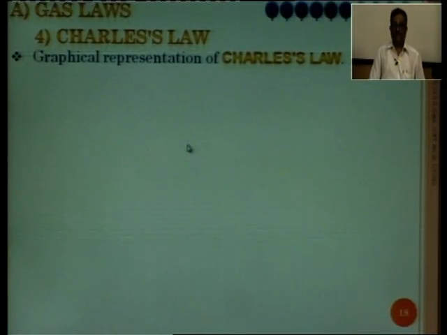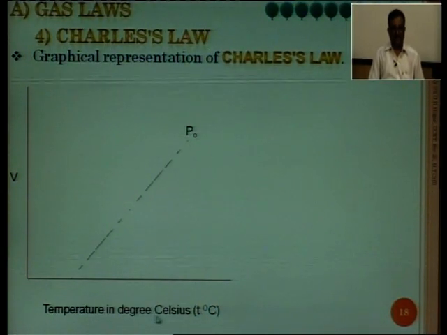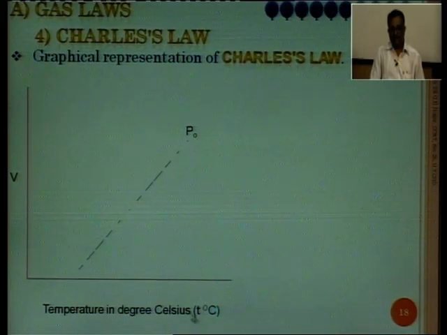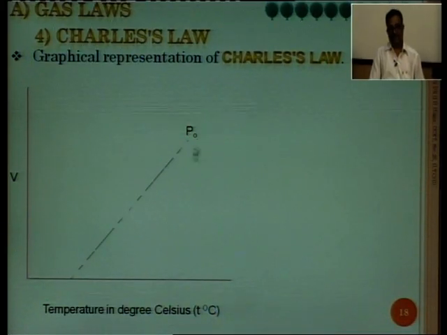So, we can have a graphic representation of Charles' law. See here, the temperature in degree Celsius is taken, T in degree Celsius. When we plot the graph of variation of volume of the given mass of a gas with its temperature, then as the temperature increases, the volume of the gas will also increase, provided the pressure and mass of the gas are constant.